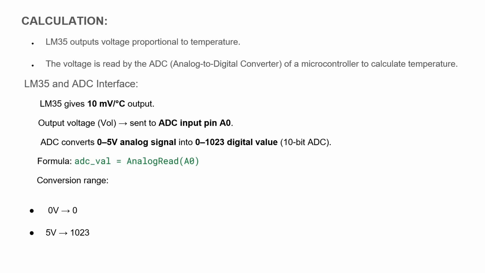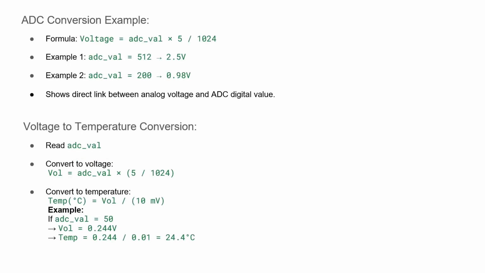The conversion range is straightforward. 0 volts corresponds to a digital value of 0, and 5 volts corresponds to a digital value of 1023. Next, let's look at how we convert that ADC value into voltage and temperature.